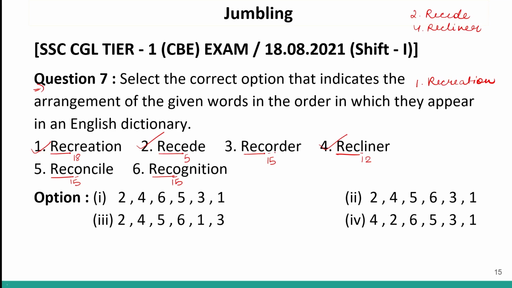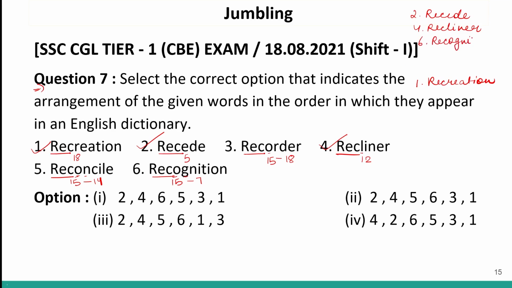So over here, after O, we have R. R is 18. Over here, after O, we have N. N is 14. And over here, after O, we have G, and G is 7. So the correct order will be, after this, we'll get recognition.